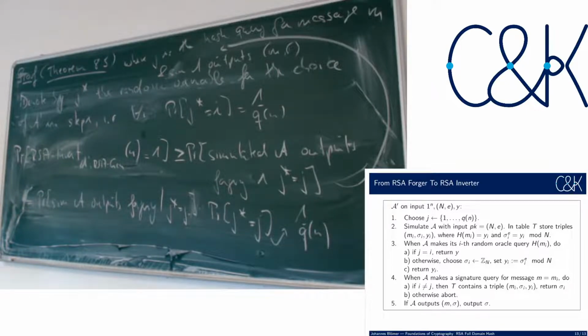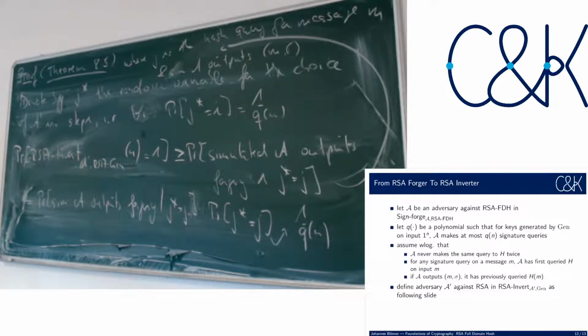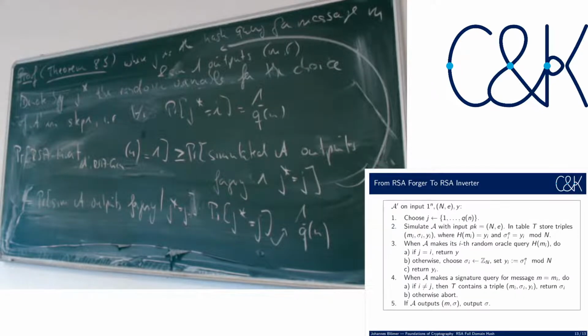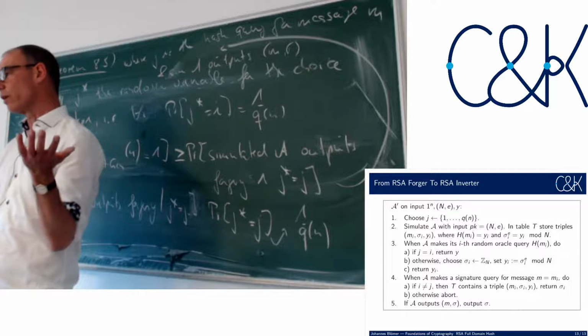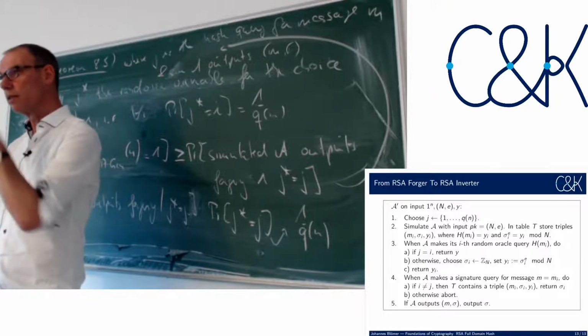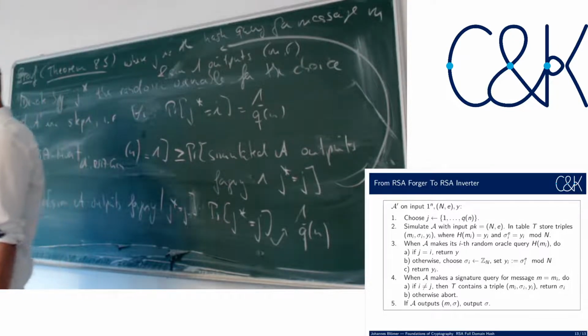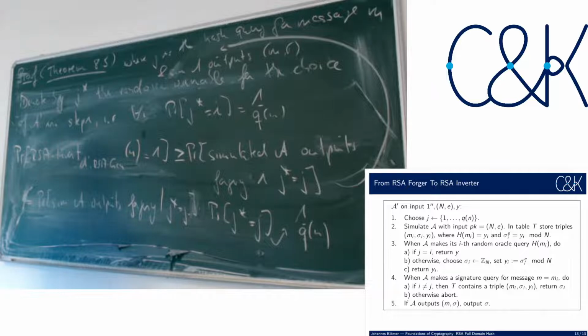Again, we know that such an index exists. Since such an index exists, we know that this J star is this with probability 1 over Q of n.